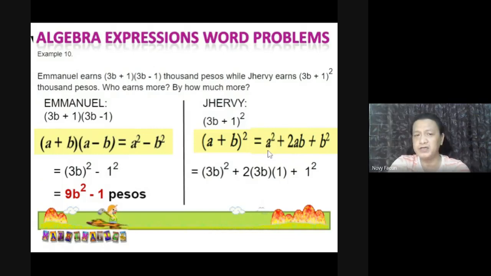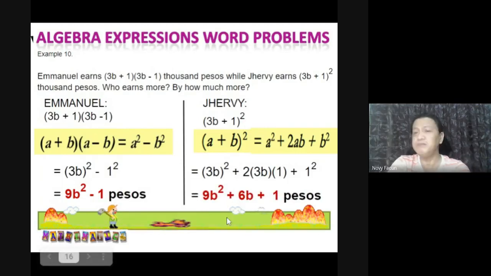Square mo yung first term, twice mo yung product ng first and second, and square mo yung last term. That's why 3b squared, plus twice 3b times 1, because this is the first and second, and square the last term, 1. Therefore, if we simplify, we have 9b squared plus 6b plus 1 pesos.